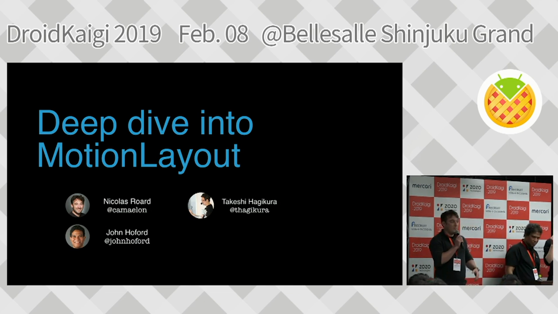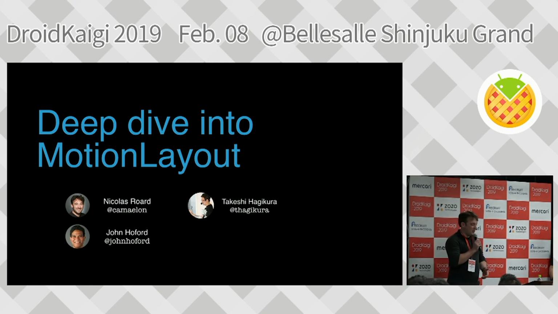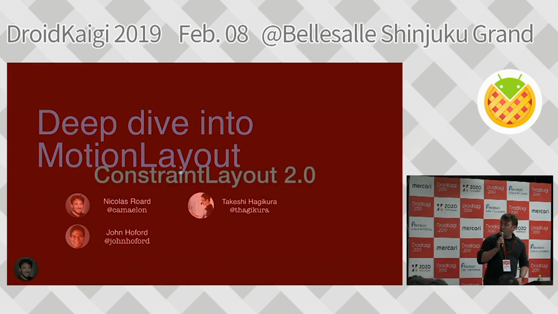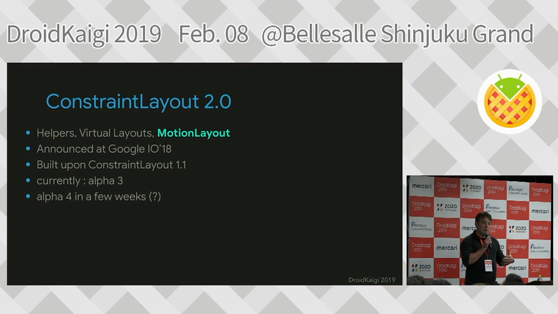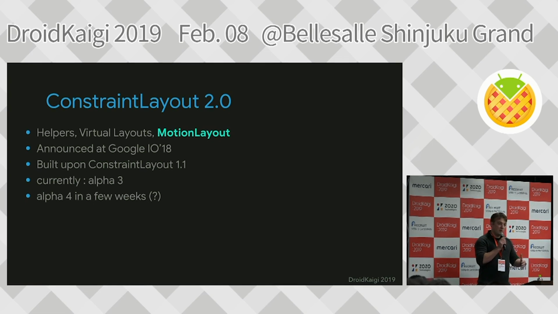So today we're going to go into MotionLayout, which is a new component of ConstraintLayout 2.0. We announced ConstraintLayout 2.0 at Google I/O last year, and we added a lot more stuff compared to ConstraintLayout 1. You have virtual helpers, virtual layouts.